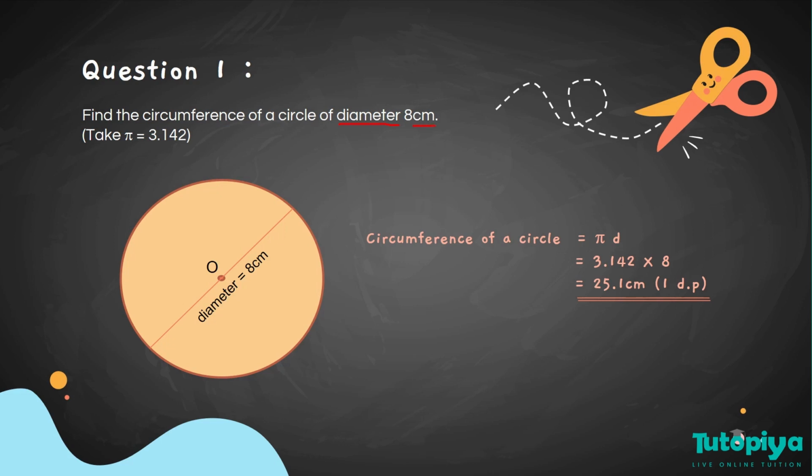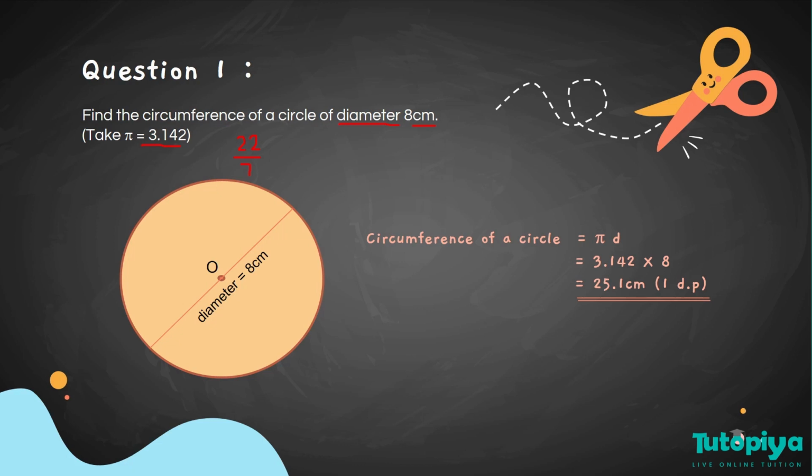Pi, usually we take it as 3.142, or if you are going to use fractions, you can use 22/7 as pi. So in this question they have asked you to take pi as 3.142, so we will use this figure to find the circumference of this circle.